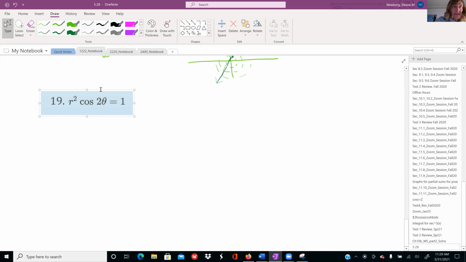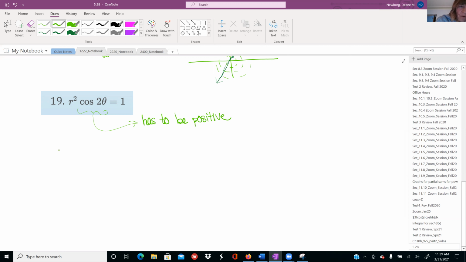So just for the signs to work out, cosine 2 theta has to be positive. Because if it weren't, then we would have r squared times a negative equals positive 1. That can't happen. So cosine 2 theta has to be positive.